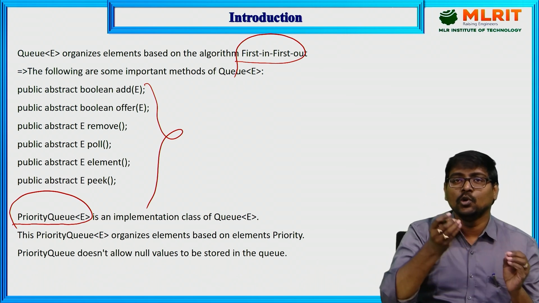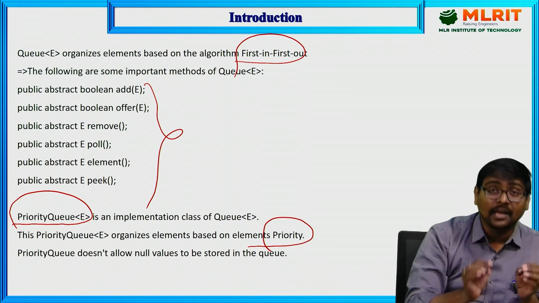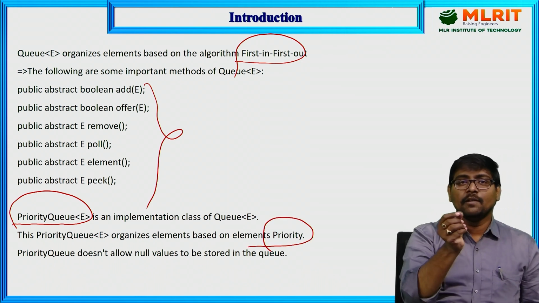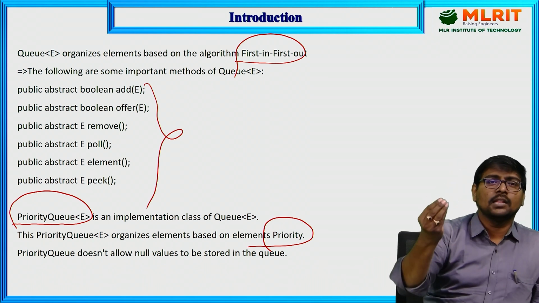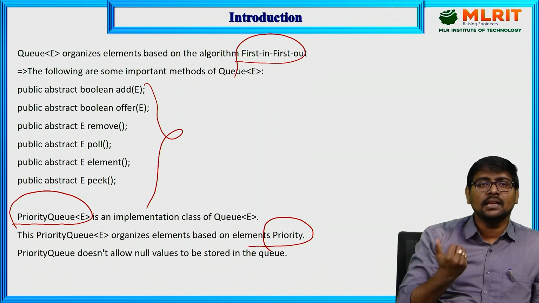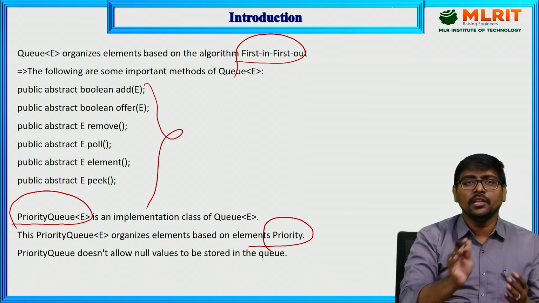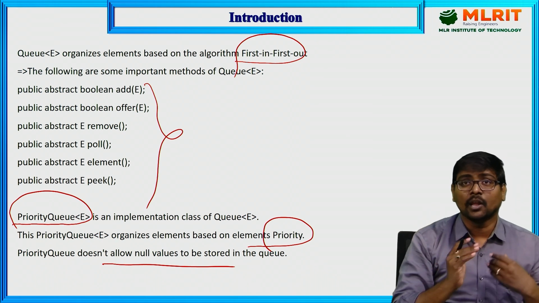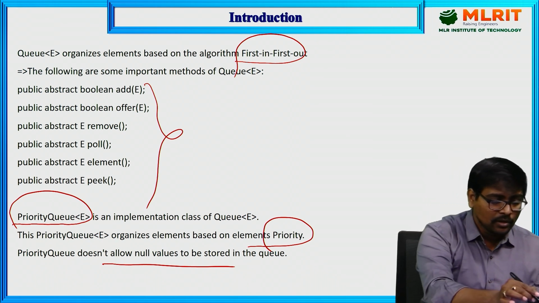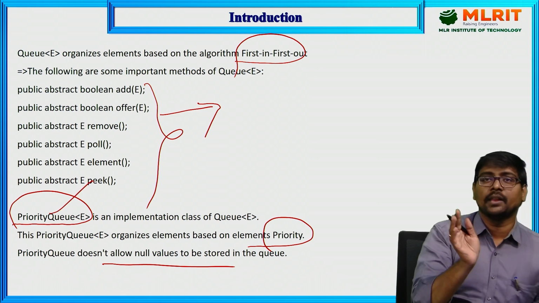Simply, the queue organizes the elements based on priority, meaning each and every element is associated with some priority, and based on the priority, the elements are organized. And one important thing, the priority queue does not allow any null values. In this session, our aim is to discuss all these methods by using the PriorityQueue class.